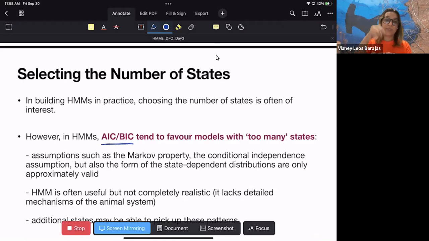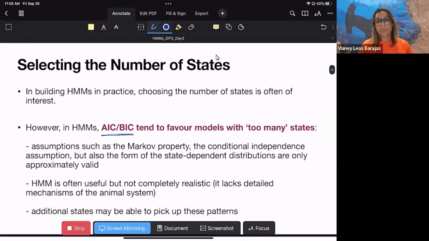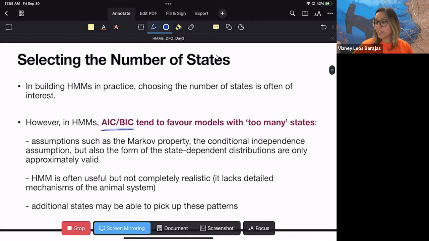Given the states, we observe some type of movement that reflects the behavior at time t, but we don't actually incorporate dynamics of the animal system. So our hidden Markov model may be approximately valid for that system, but may lack some realism. What happens then is that additional states are able to pick up these patterns, but they don't provide much actual information about the system that we're trying to model.